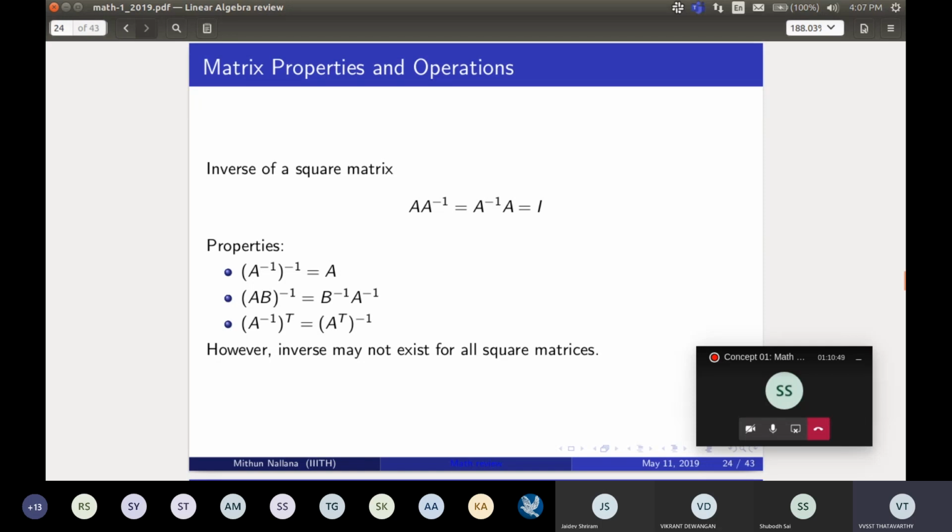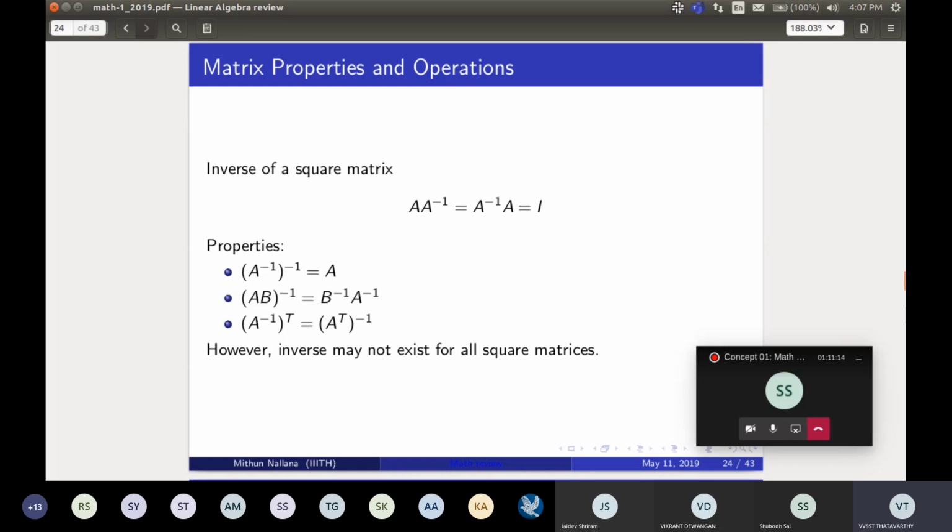And then you have the inverse of a square matrix. So assume that we have A as a square matrix. It in general satisfies these properties, and that is the definition of the inverse of a matrix. These are just obvious properties that you can see. One interesting thing that you have to focus on is that the inverse may not exist for all square matrices.